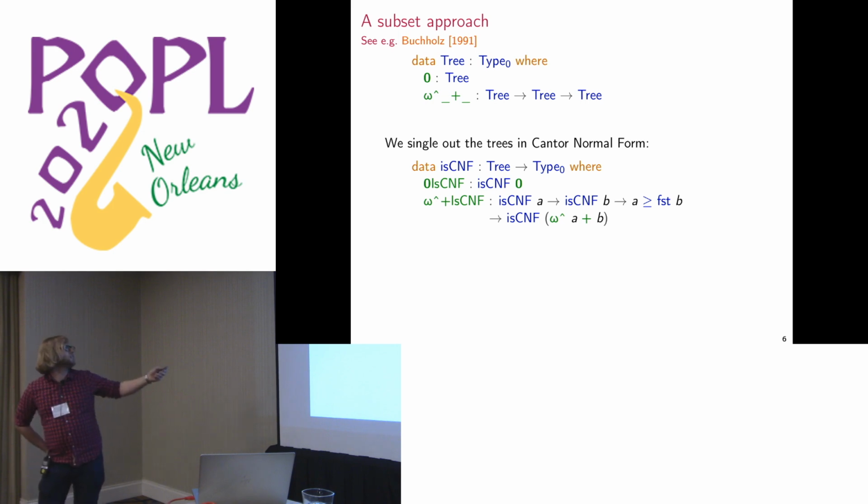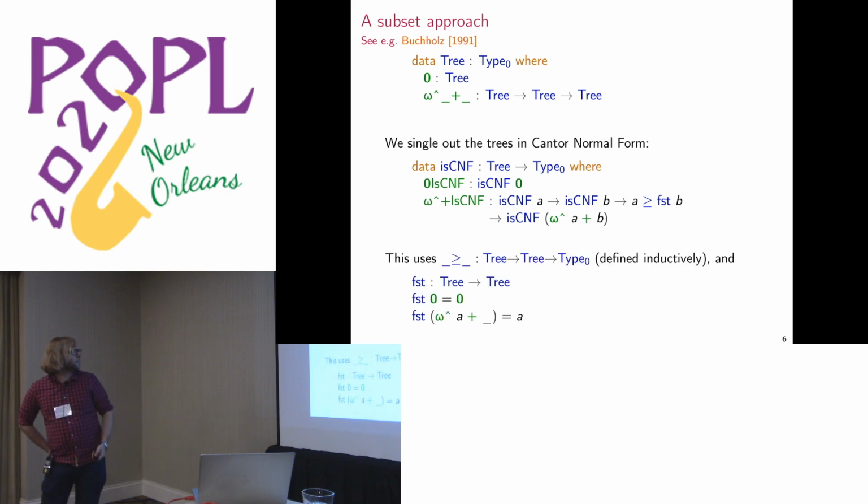So this was an inductive definition. This is an inductive family. And of course, this is using this greater than relation, which I haven't told you what it is. It's not complicated, but it's maybe not 17-minute material. And it's also using this first function, which just gives you the first exponent. So first of 0 is 0, and first of something non-zero is the first exponent, as you expect.